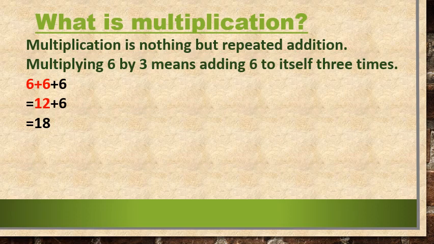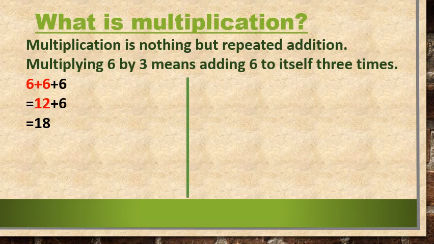Now know that repeated addition is multiplication. So instead of adding the same number, that is 6, again and again, you can use multiplication, right? How? Let us see that.